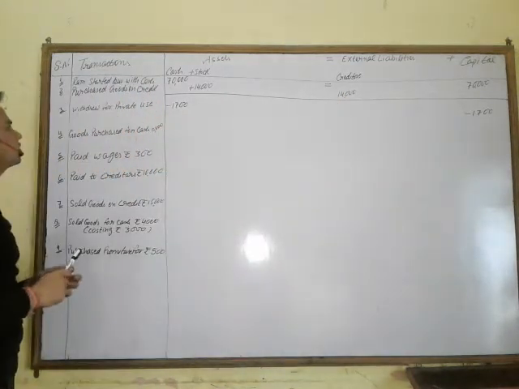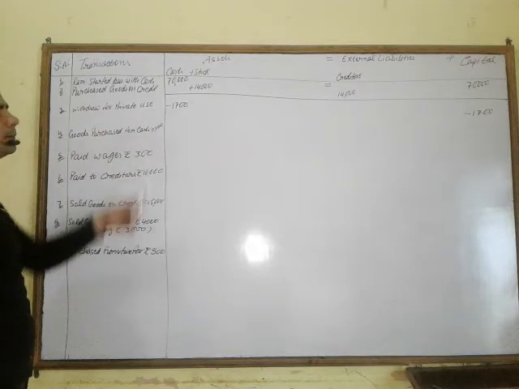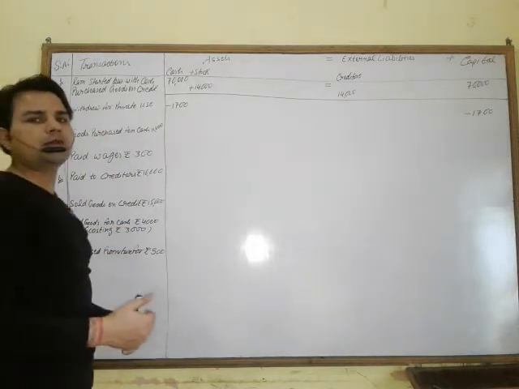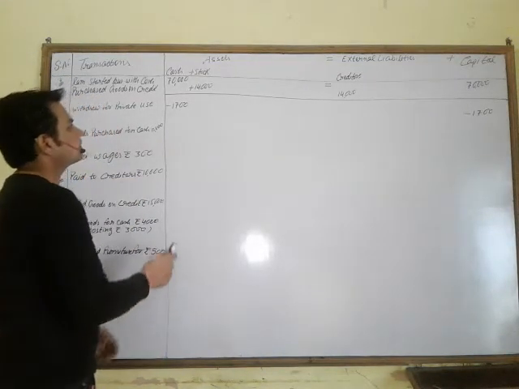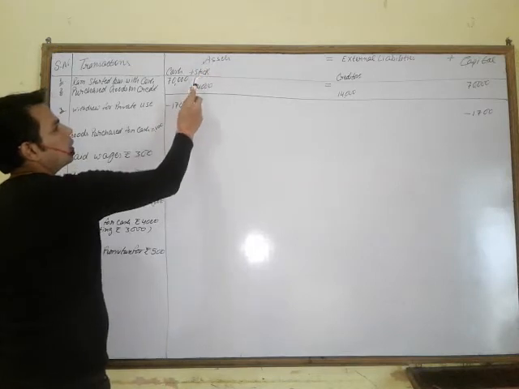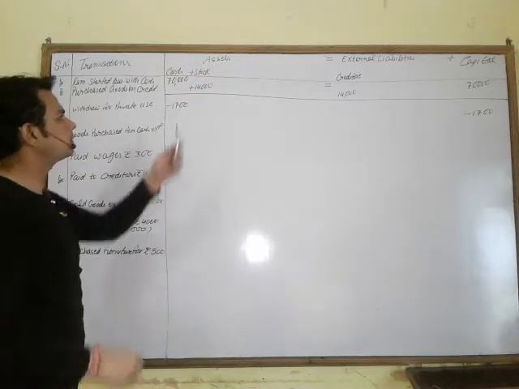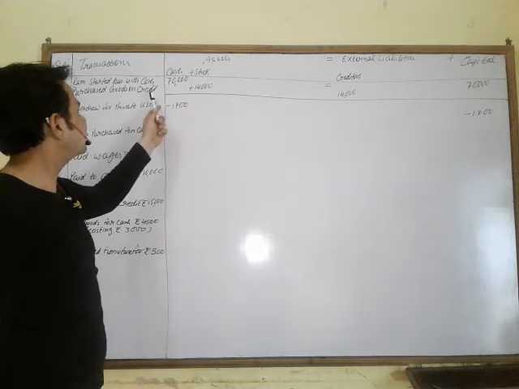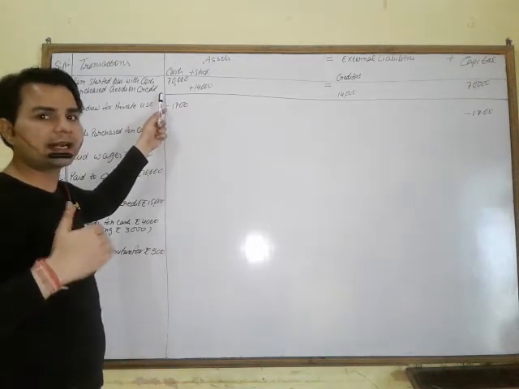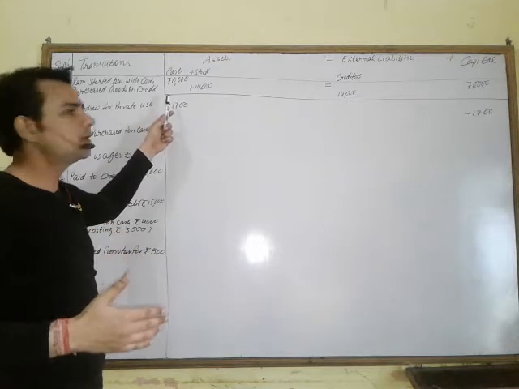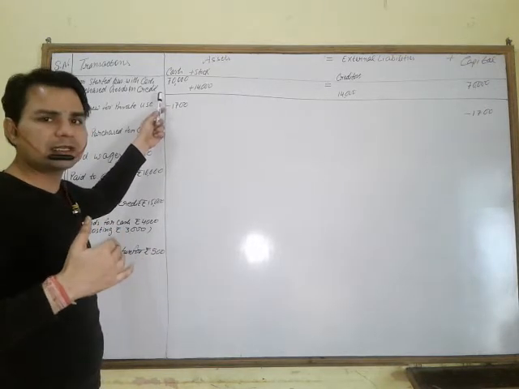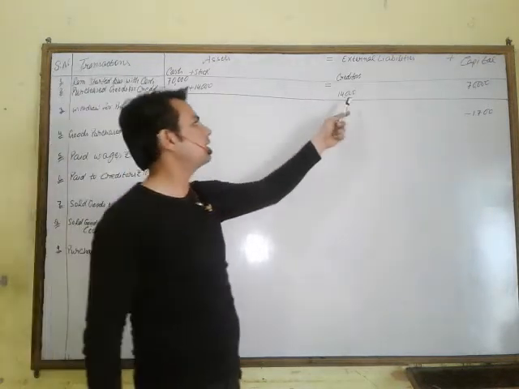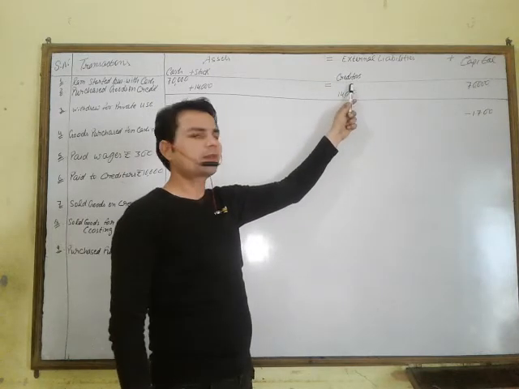Next transaction, purchase goods on credit. If goods are purchased on credit basis in the business, it will increase the stock. Open a new head in the name of stock, rupees 14,000. As you are purchasing the goods on credit, it will increase your liability. Whenever we purchase goods on credit basis, it increases the liability in the name of creditors.